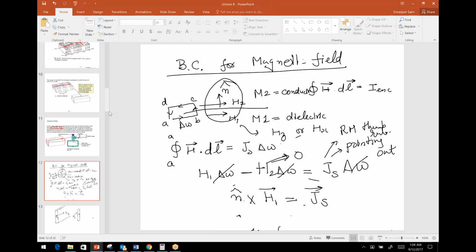Because of that, the skin depth is small. Going back to your electromagnetics course, you had seen that when an electromagnetic wave hits a conductor, it only penetrates a little bit into it, and that is called the skin depth. The larger the conductivity of the conductor, the smaller the skin depth is.